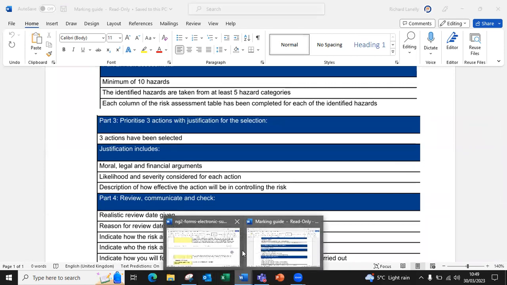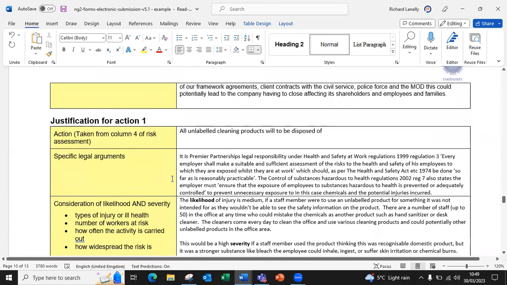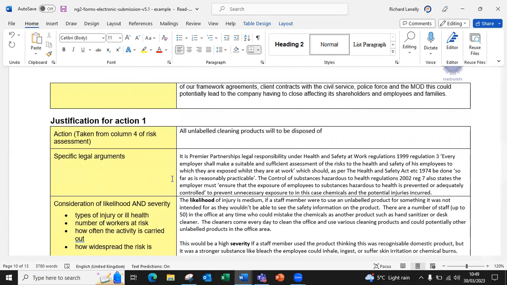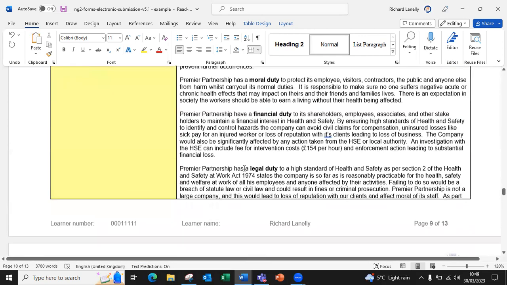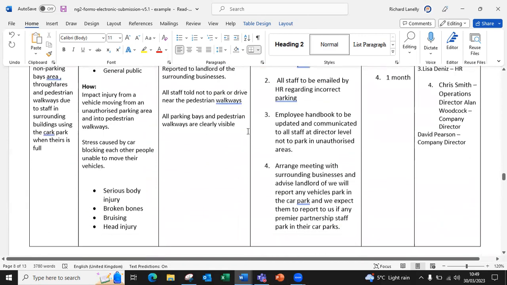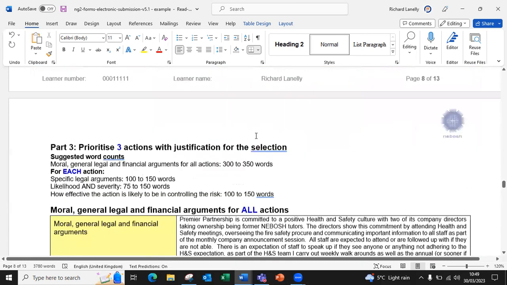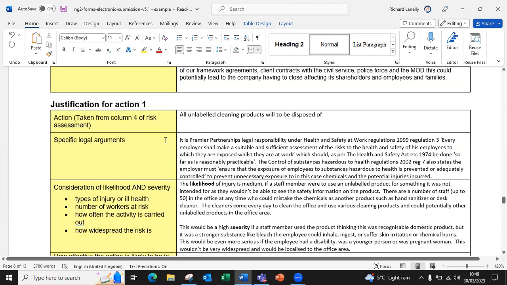Yes. Done. Okay, so by this point we should have prioritized the actions that we've done. So these are the actions. If we scroll up here, for this hazard we've got 4 actions, etc. So I would go for something high risk, or something that should be a priority.